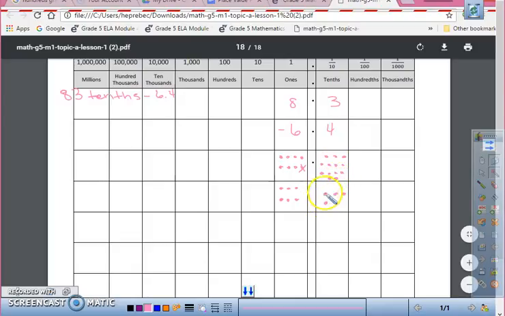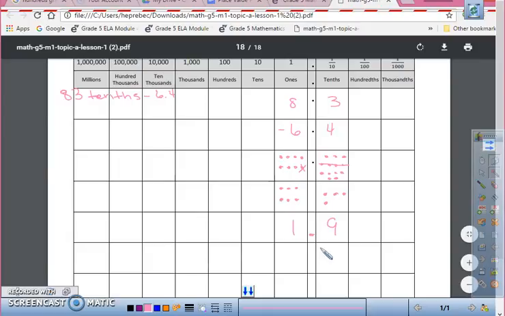And I'm going to take 13 minus 4, so I'm just going to cross out 4 of them. Now I have 1, 2, 3, 4, 5, 6, 7, 8, 9. So I have 9. And I have only 7 left over, and 7 minus 6 equals 1. So our answer would be 1 and 9 tenths.